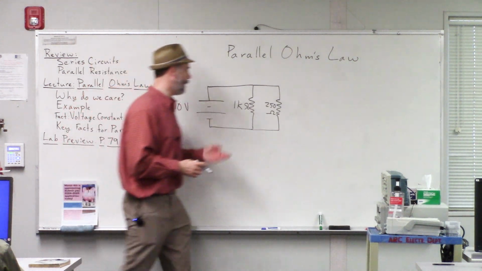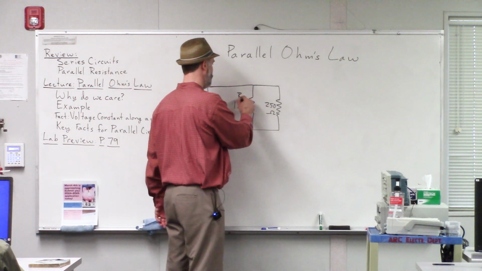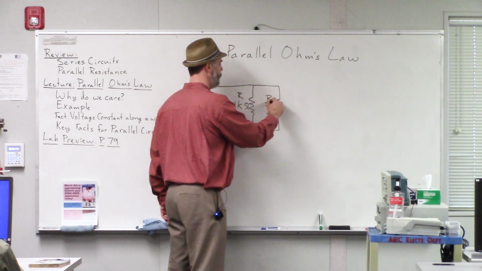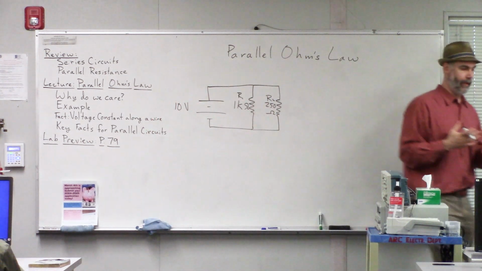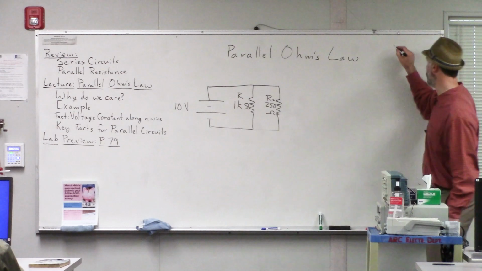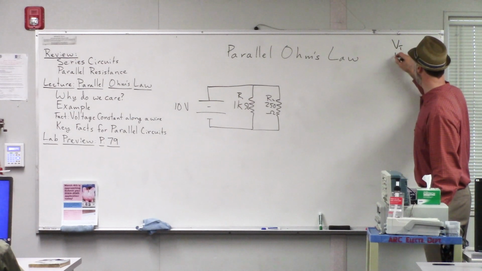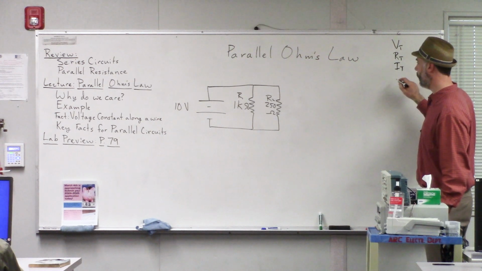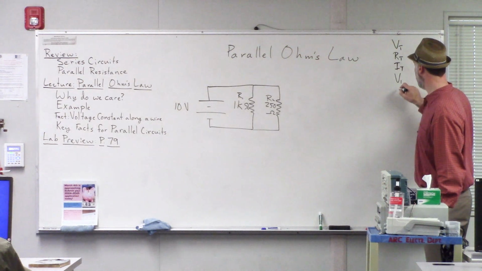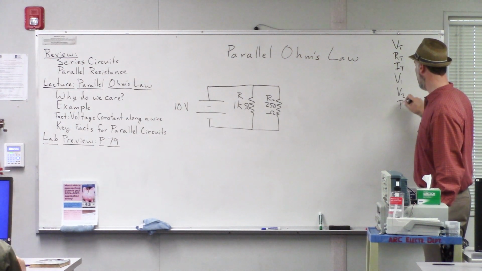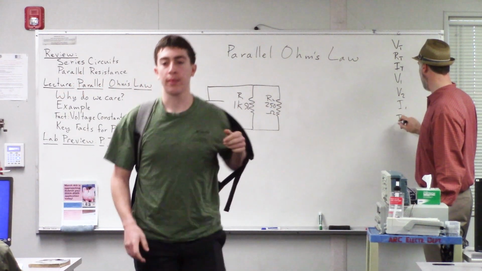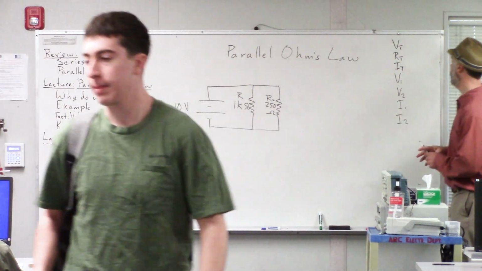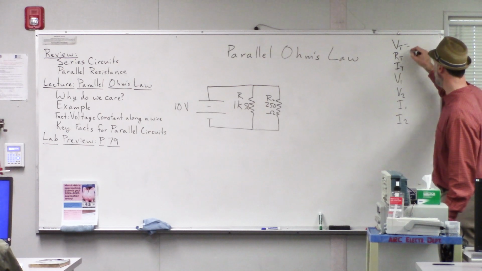Call this one R1, this one R2. We want to find out basically everything about this circuit. So we want to know V total, R total, I total, and then V1, V2, I1, and I2. Okay? We want to find out all of these things.